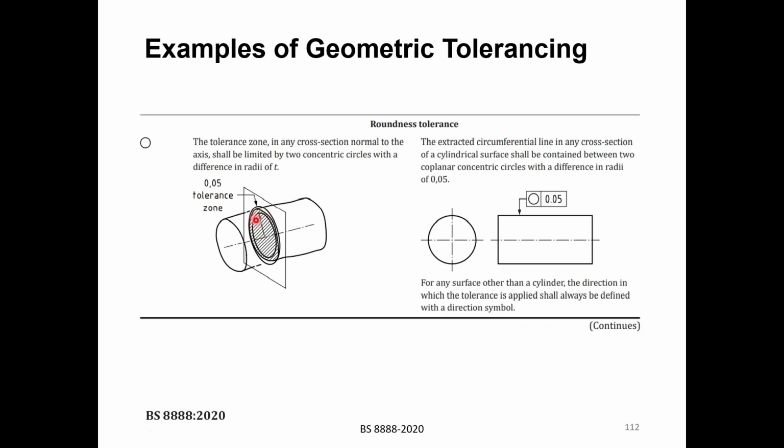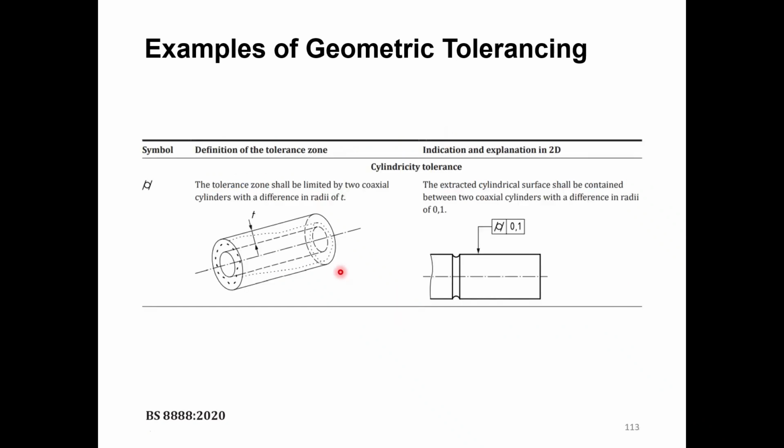So the distance between these two theoretical circles is 0.05. And then the real cylinder that we get after manufacturing, which is the circle in between, could take any shape as long as it is between these two circles with a distance between them of 0.05, it will be accepted.